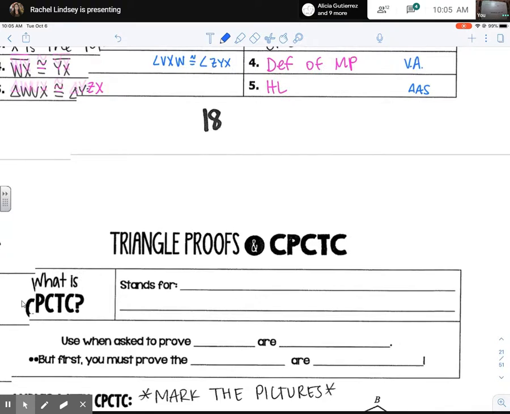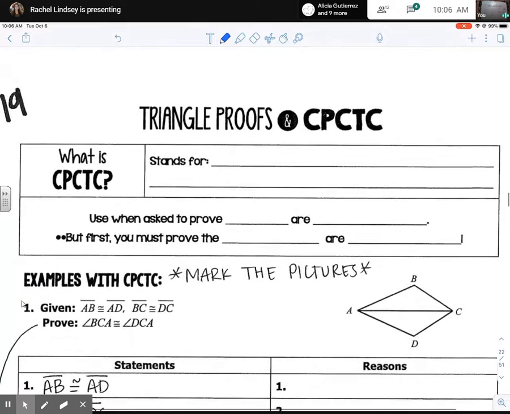Okay, so on the top of page 19, we're looking at CPCTC proofs. CPCTC stands for corresponding parts of congruent triangles are congruent.